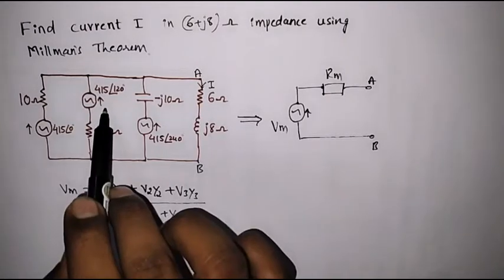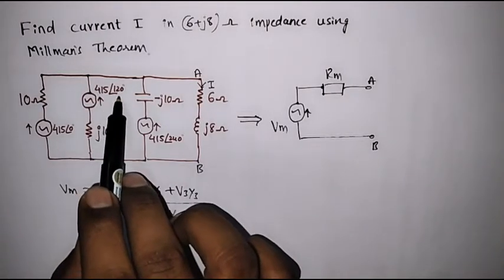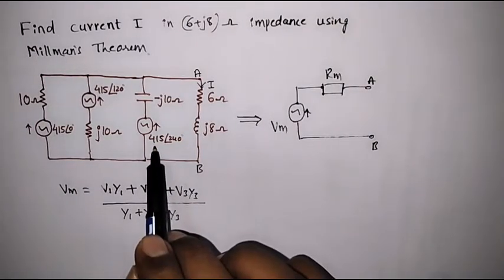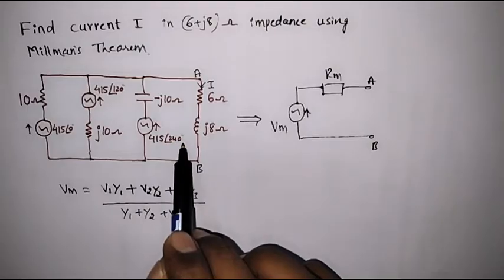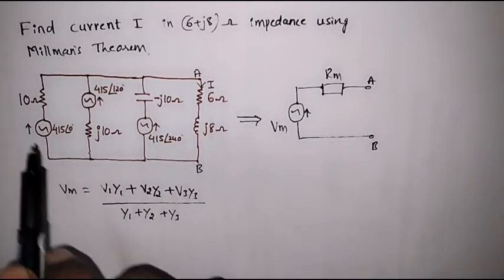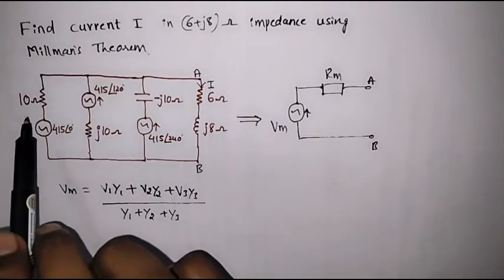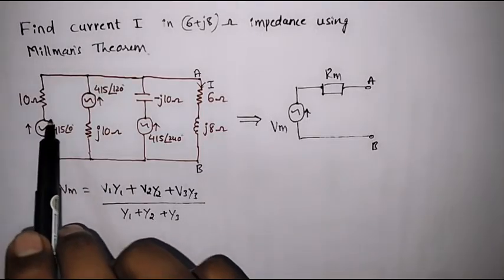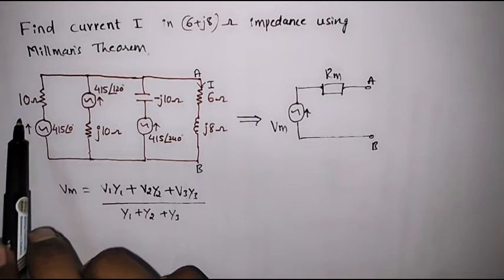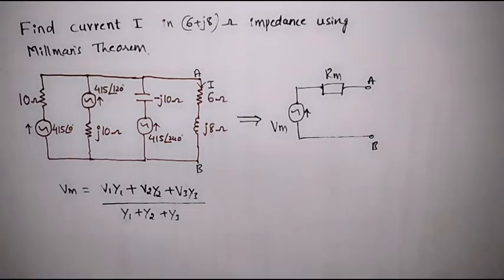V2 is voltage in second branch, that is 415 angle 120 degree. And V3 is voltage in third branch, that is 415 angle 240 degree. Y1, Y2, Y3 are conductances in corresponding branches. So here the resistance value is given. We are supposed to take inverse of this to get conductance Y, divided by Y1 plus Y2 plus Y3.